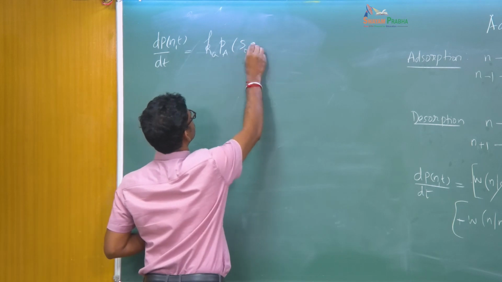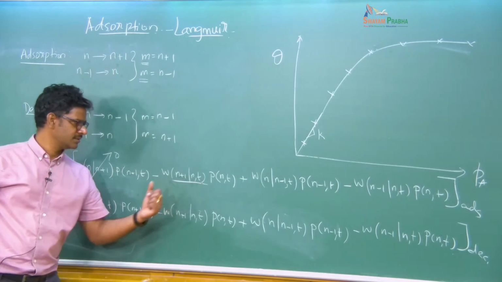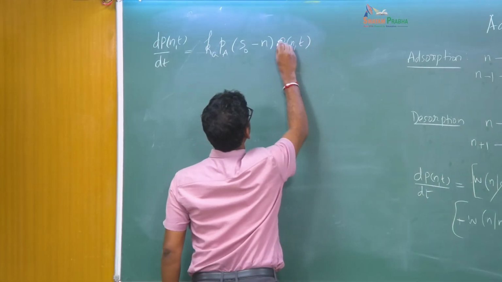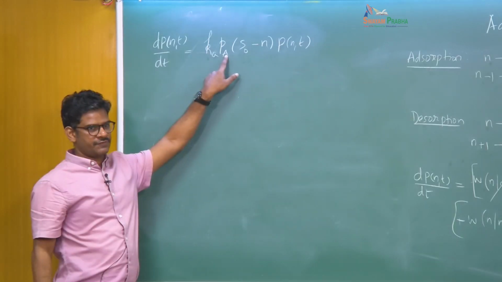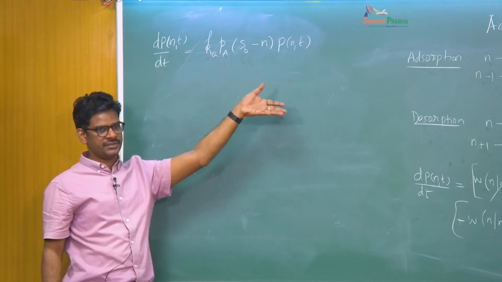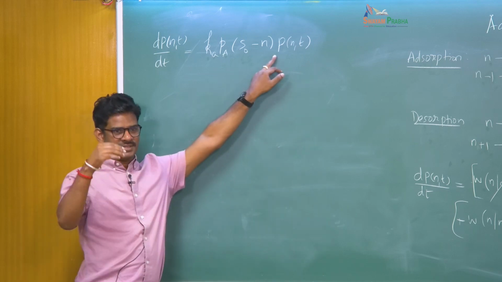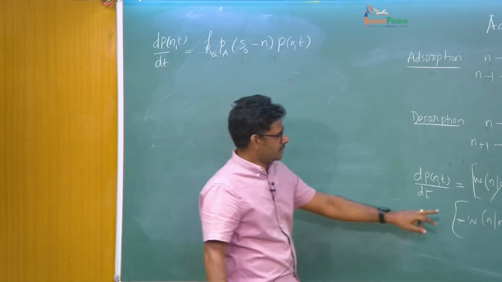So this is going to be the rate for this: the adsorption rate constant times the partial pressure of the gas times the number of free sites. That tells you the rate of adsorption, where the system will go from n to n plus 1, times the probability that the system is at n at time t. So we have handled this.